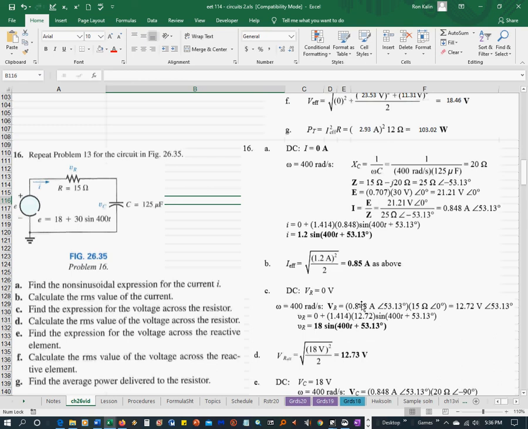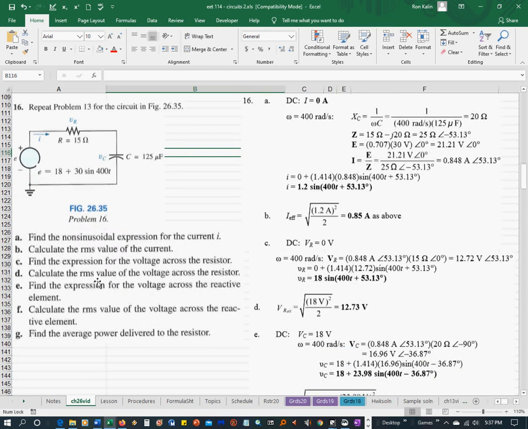This 0.848 times 15 is 12.72, and 53.13 plus 0 equals 53.13. So then you convert this back to sinusoid, and you get 0 plus the square root of 2 times 12.72 sine of 400t plus 53.13 equals 18 sine 400t plus 53.13.